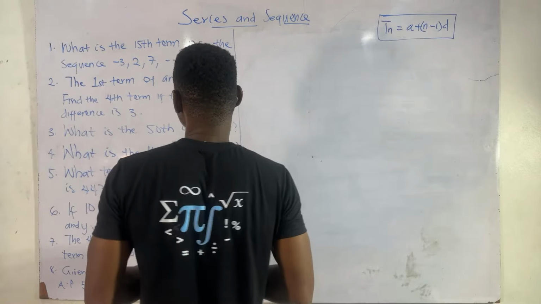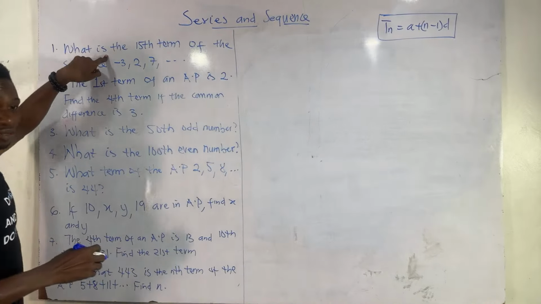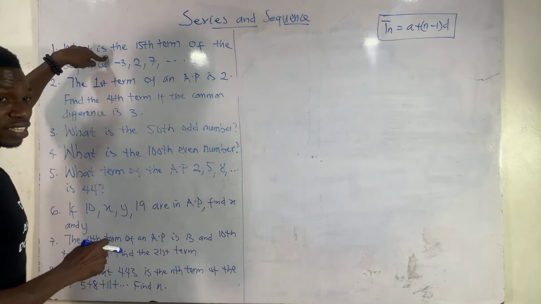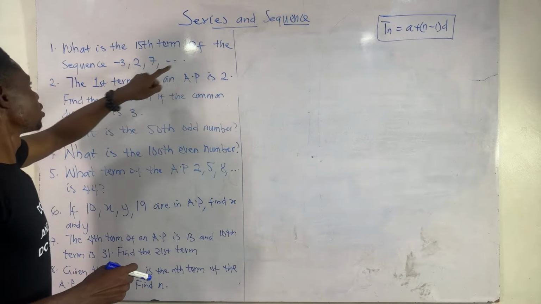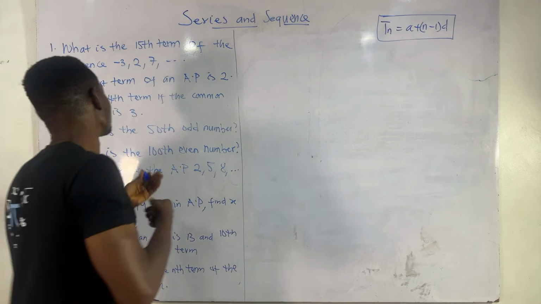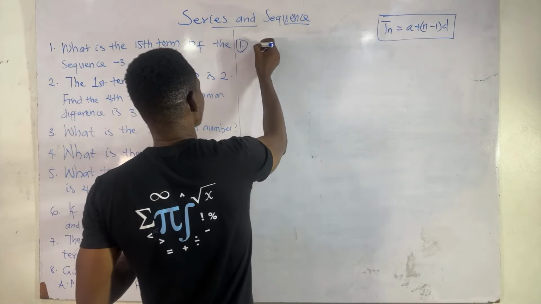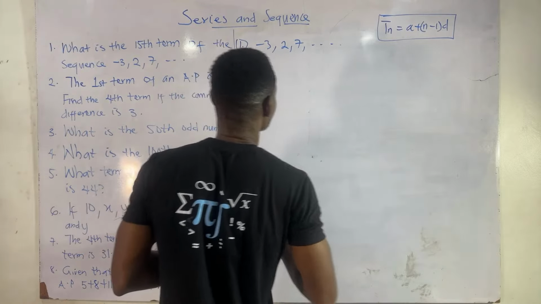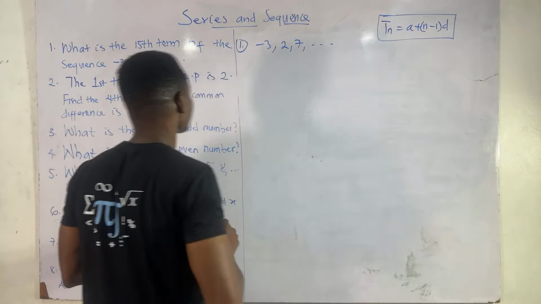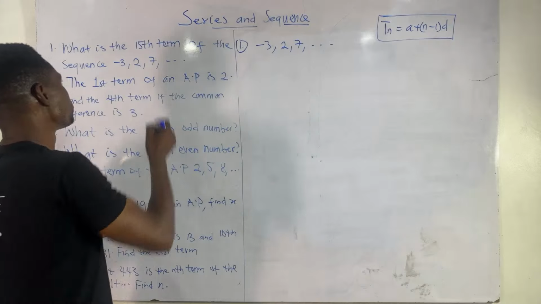So number one says, what is the 15th term of the sequence? We have the sequence minus 3, 2, 7, and so on. What is the 15th term?